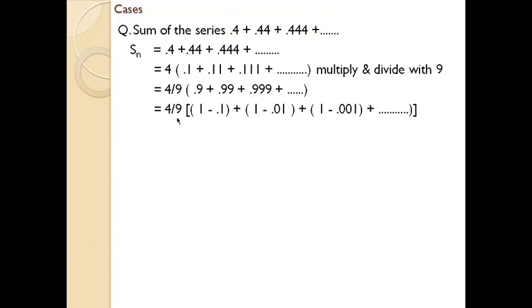Now you can make two different groups on the basis of the details given within this square bracket. We have dealt with the same situation in the previous slide. Likewise, we will do it like that. 4 by 9 into, in the first part you will select the first number within each small bracket, that is here 1, here also 1, and here 1, that is 1 plus 1 plus 1, bracket close.